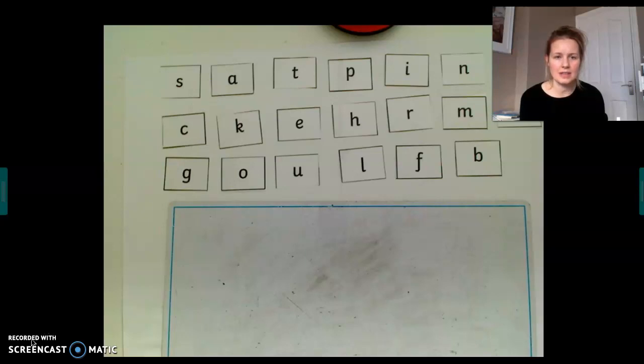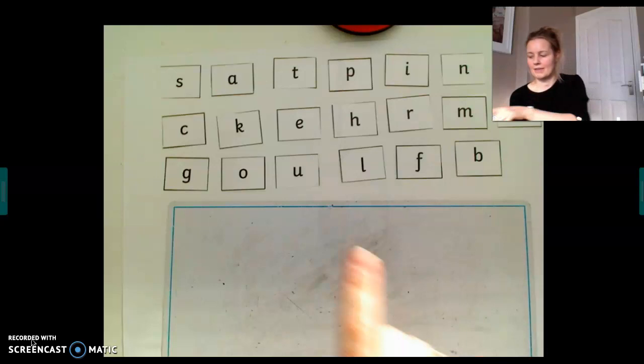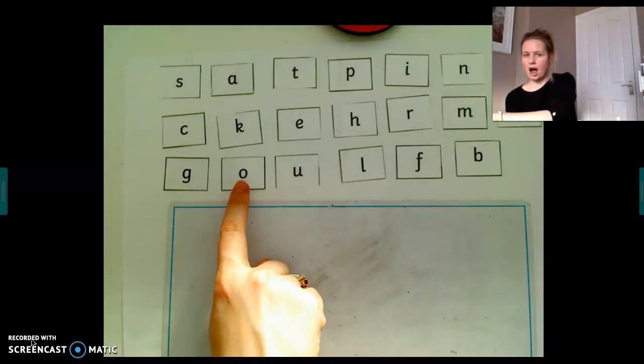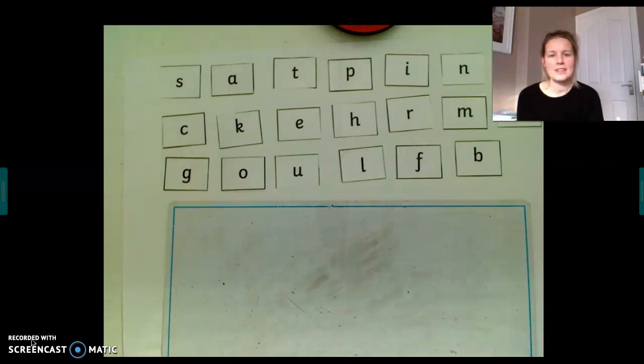So the sound at the start is a b. Everybody like that? The next sound in the middle is an o. We have a b at the start and then we have an o. And the sound at the end is a g.